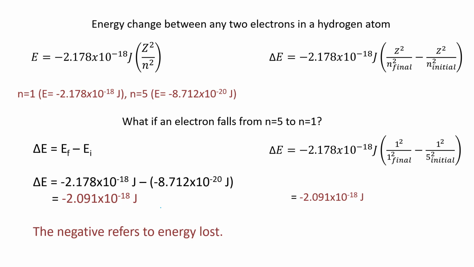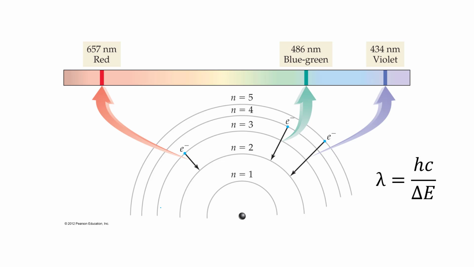All right, so how does this relate to color? Well, remember, your wavelength is equal to hc over change in energy. And so we could have used either of these two equations here, and in doing that, we would calculate how much energy is released when you fall from a 5 to a 1 or a 5 to 2. And then we can relate that change in energy using Planck's constant and the speed of light to figure out what wavelength.